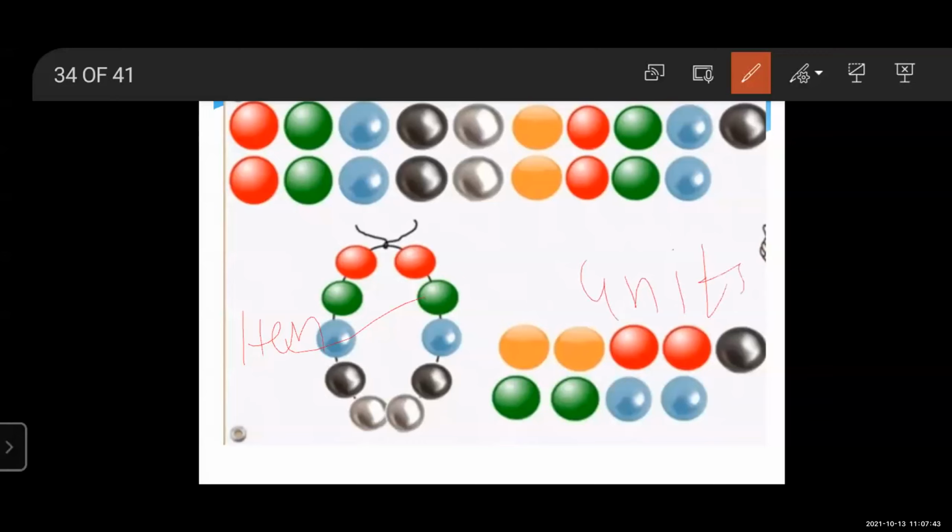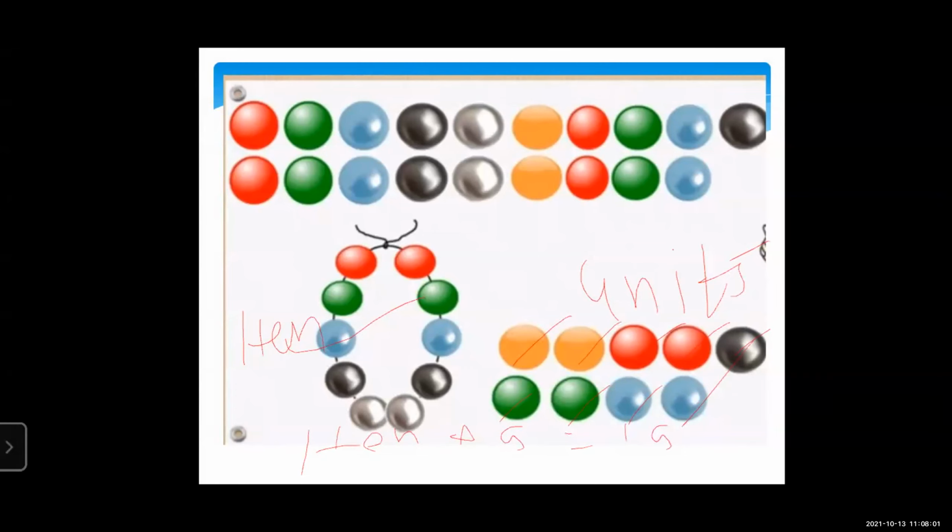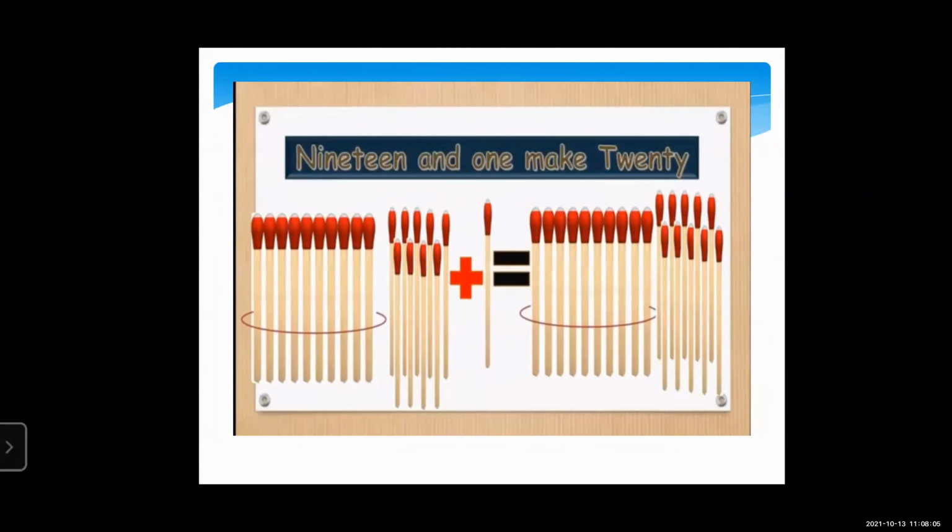Sorry, 9 units. 1, 2, 3, 4, 5, 6, 7, 8, 9. 9 units means 10 plus 9 is equal to 19. After that 19, which number comes? See, 19 and 1 make 20. Very good. 20.